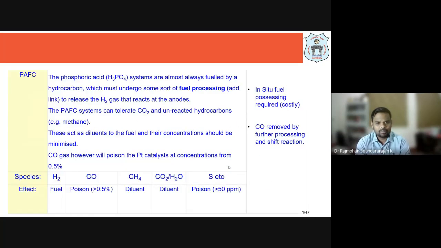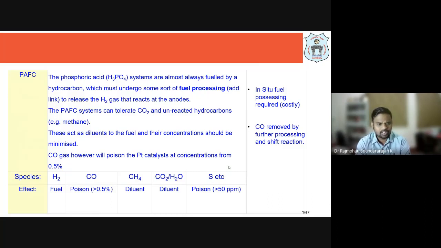If you compare the phosphoric acid system, they are almost always fueled by hydrocarbons, which undergo some sort of fuel processing to release the hydrogen gas that reacts at the anode. Usually we call it a steam reforming kind of process.